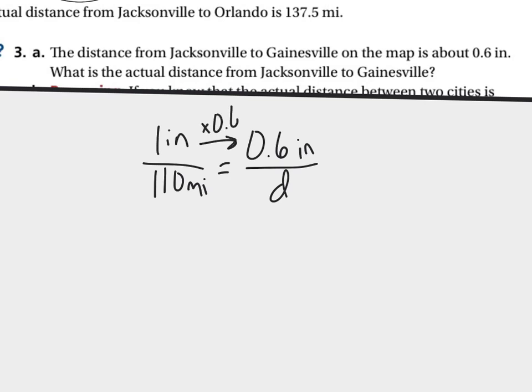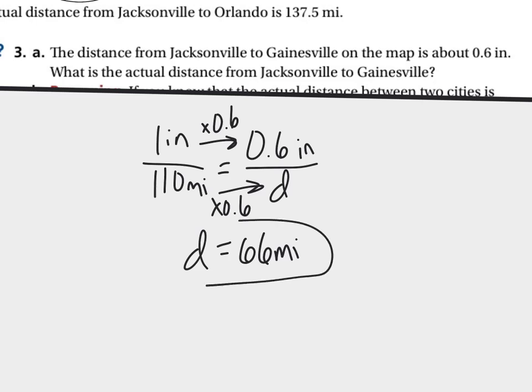Okay, again, every time there's a pattern. So that would come out then as 66 miles. And again, just make sure when you get your answer, think about if it makes sense or not. It's a little over 1/2 an inch. Half of 110 is 55, so we should be okay with that answer.